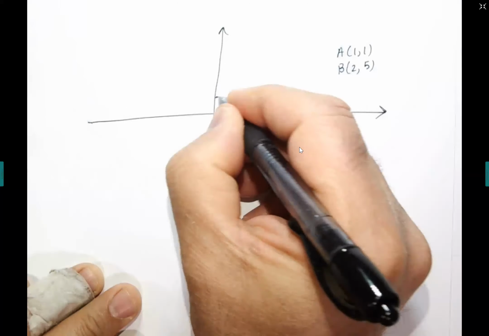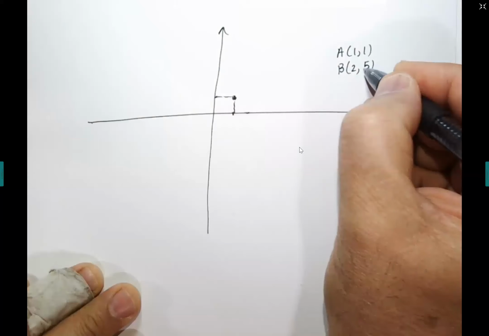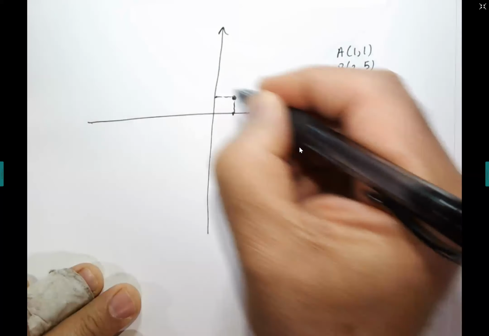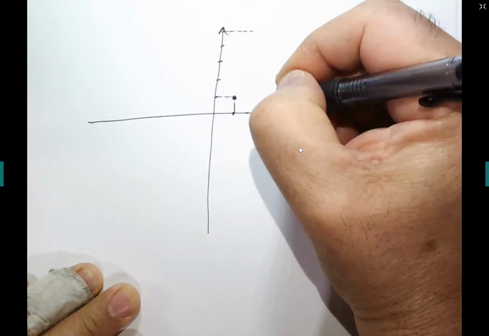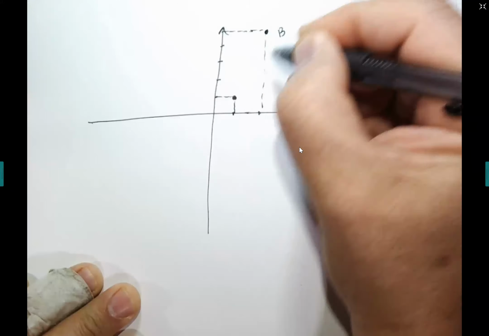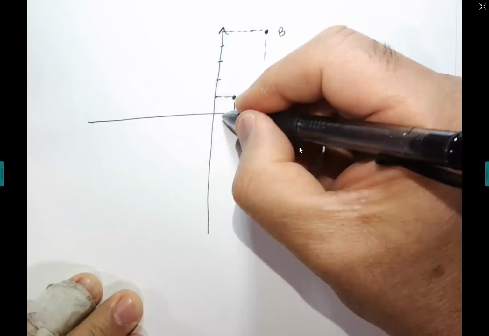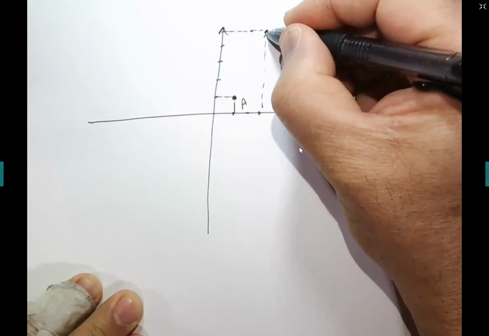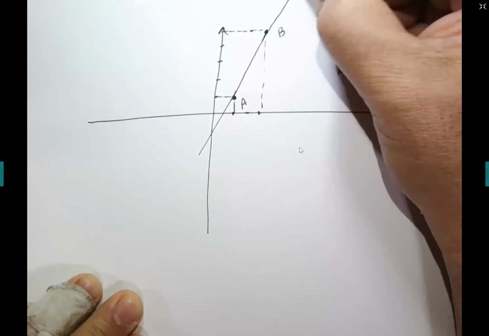This is A. And B, (2, 5): 2, then 1, 2, 3, 4, 5. So this is B. A and B. And you would agree with me that there is only 1 line that can pass through A and B. This is my line.